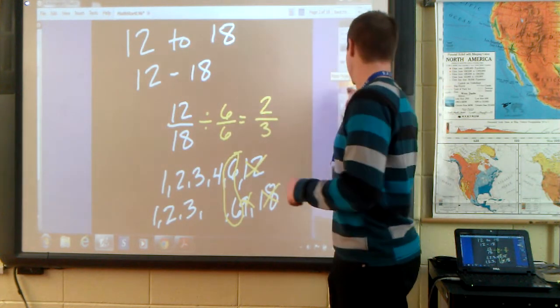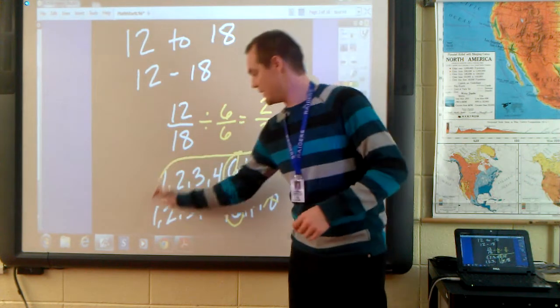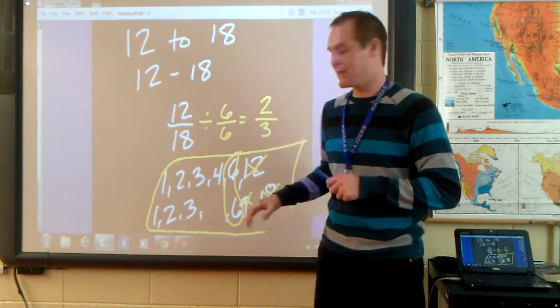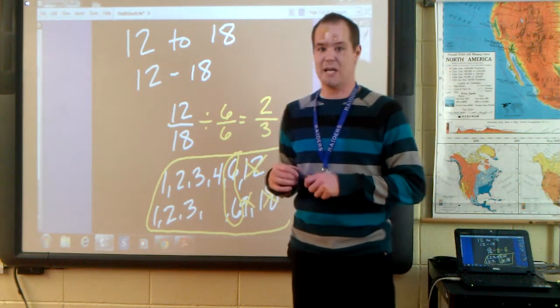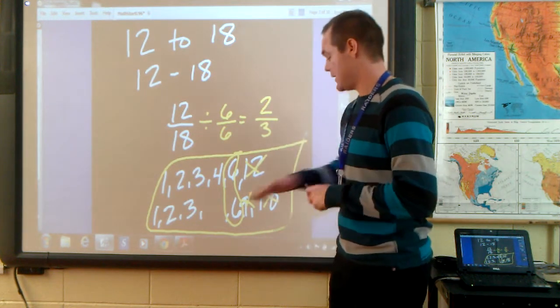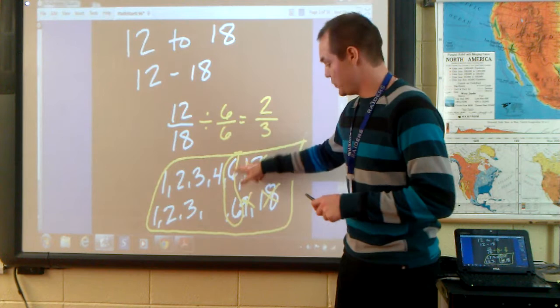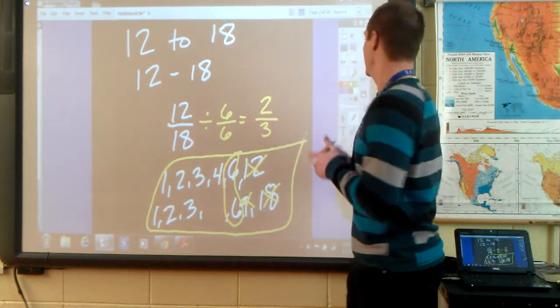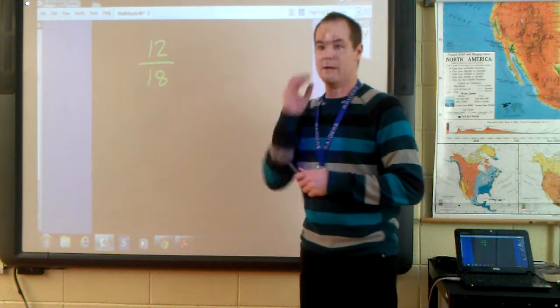But this is a very tedious process. It does take some time, and it leaves a lot of room for mistakes. So if you feel comfortable doing this and find the correct greatest common factor, you will reduce the fraction. But there are other ways to do it.